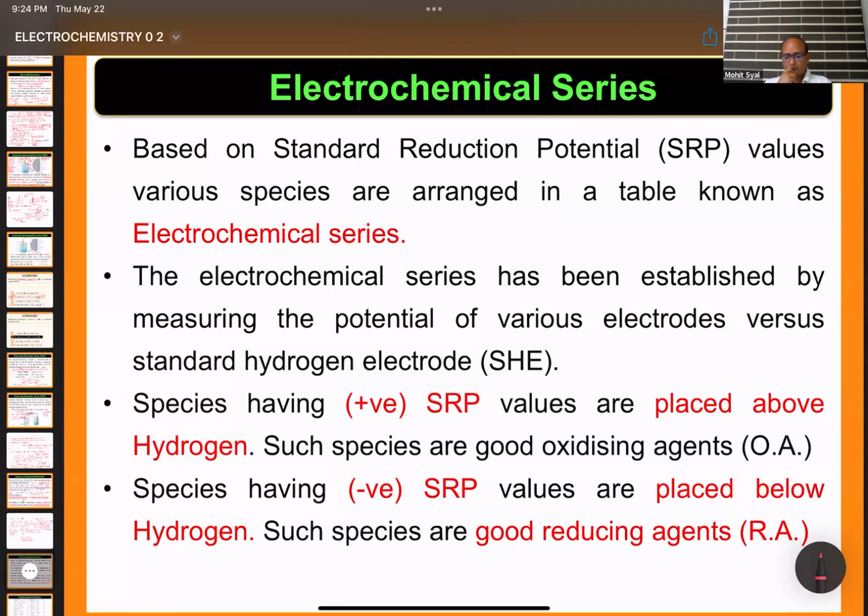And when you compile all these standard reduction potentials, you get a series, and all of you are aware of that series. You must have studied that in your junior classes, class 10th also. That is the electrochemical series. Got it?